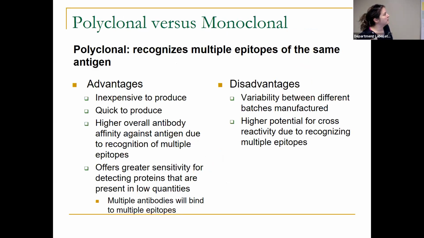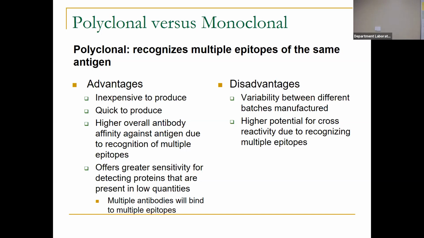I added this polyclonal versus monoclonal so you can see some advantages versus disadvantages. Polyclonal is very inexpensive and very quick to produce. You have higher overall antibody affinity against the antigen because it recognizes multiple epitopes, like I mentioned, which could cause some cross-reactivity.